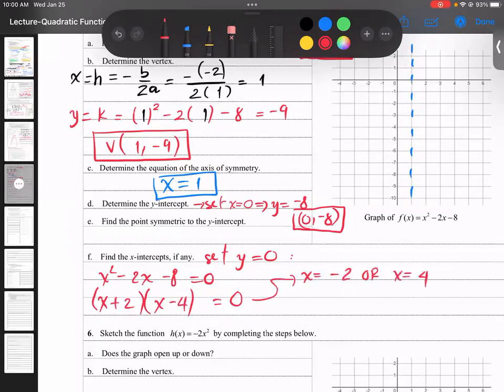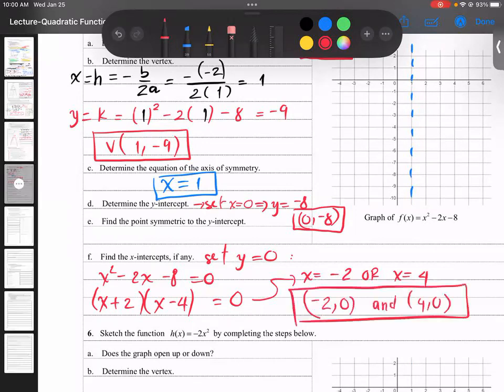So -2, 0 and 4, 0. The y-intercept is 0, -8, right here. The point of symmetry, that will be the mirror image right here. So that would be 2 comma -8.